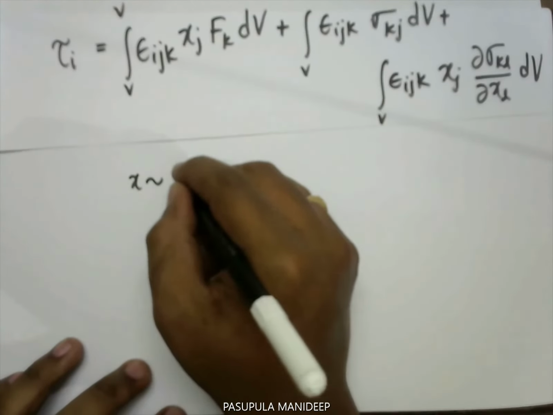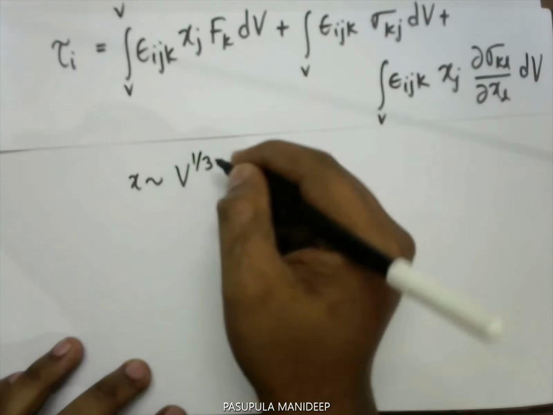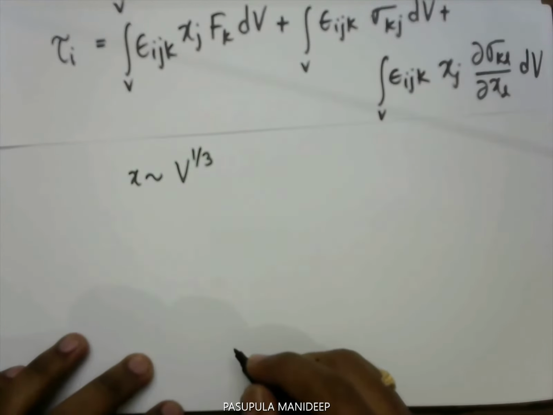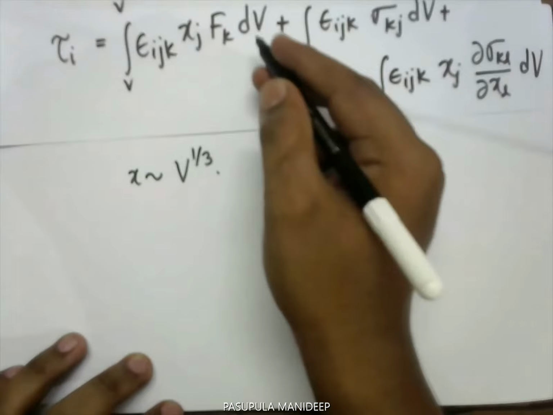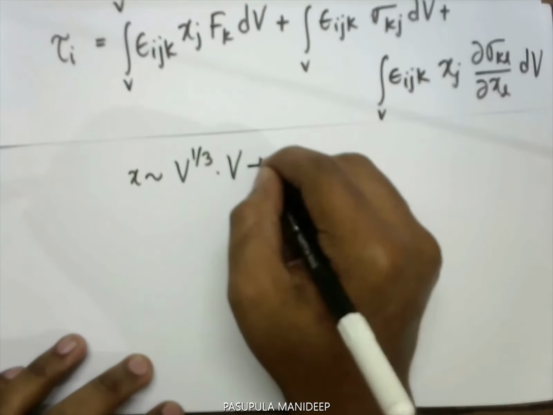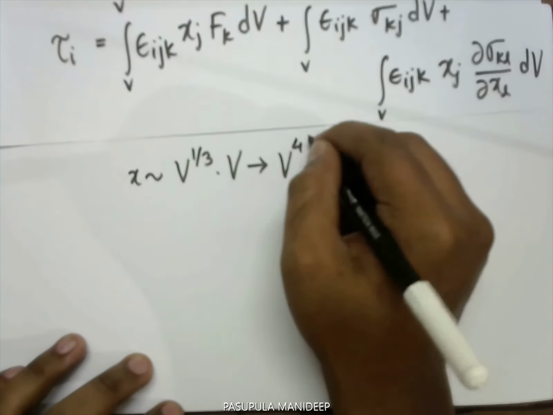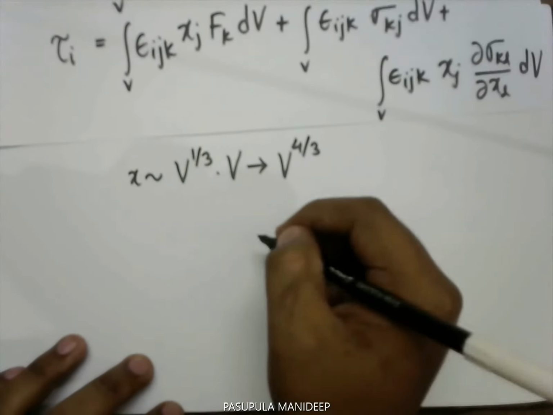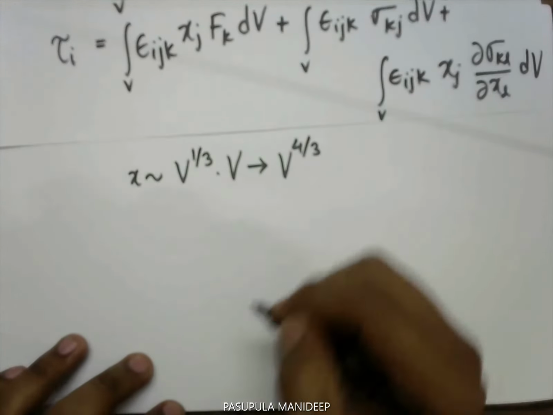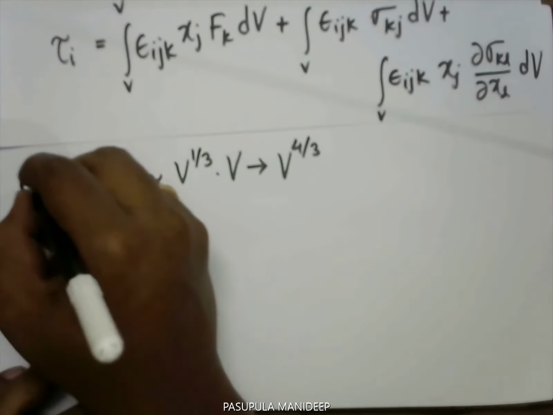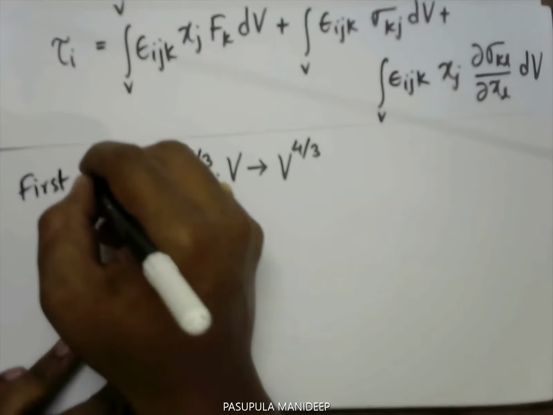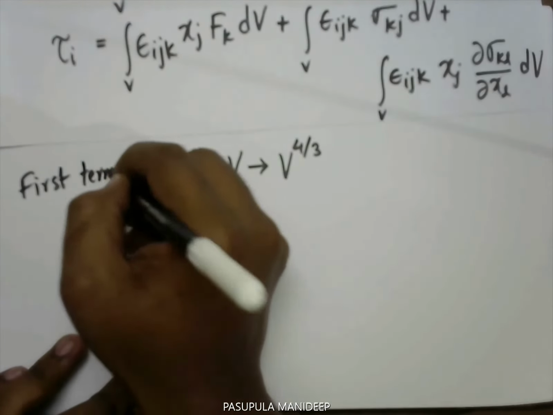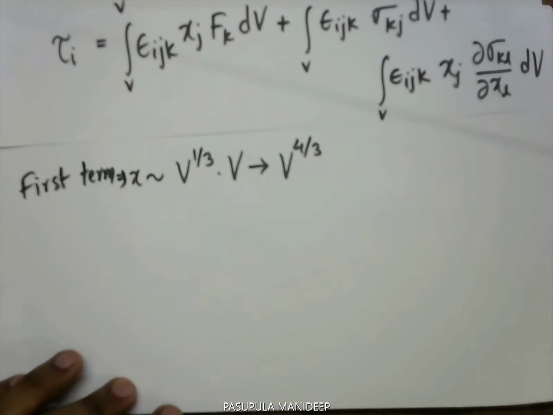I am only speaking of the order. The length will be of order V power 1 by 3, times the volume term, so the total order scales as V power 4 by 3. This is for the first term.